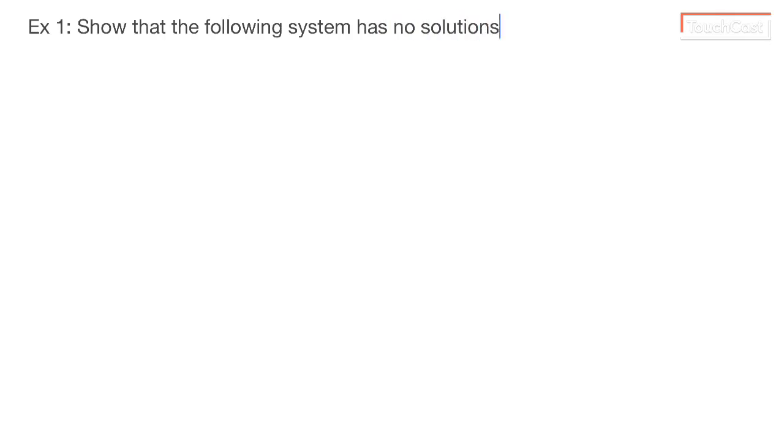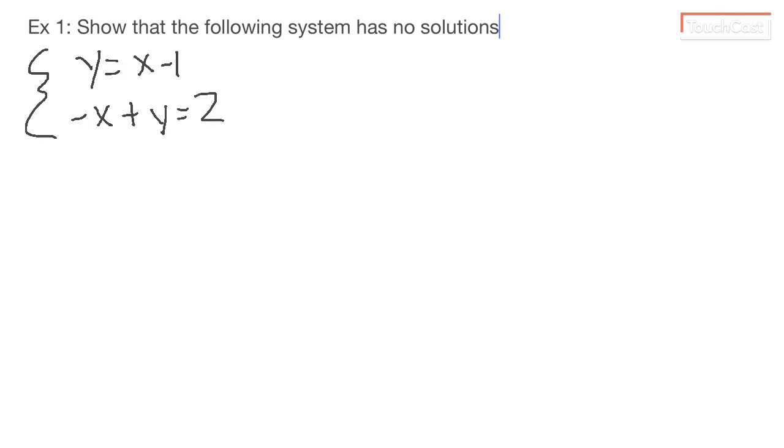So we're going to show why it would be inconsistent. This system is going to be composed of the equations y equals x minus 1 and negative x plus y equals 2.